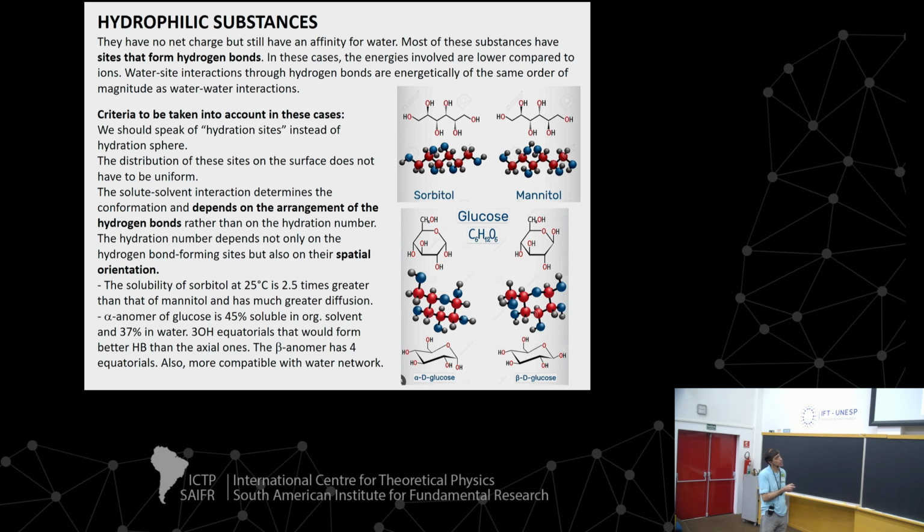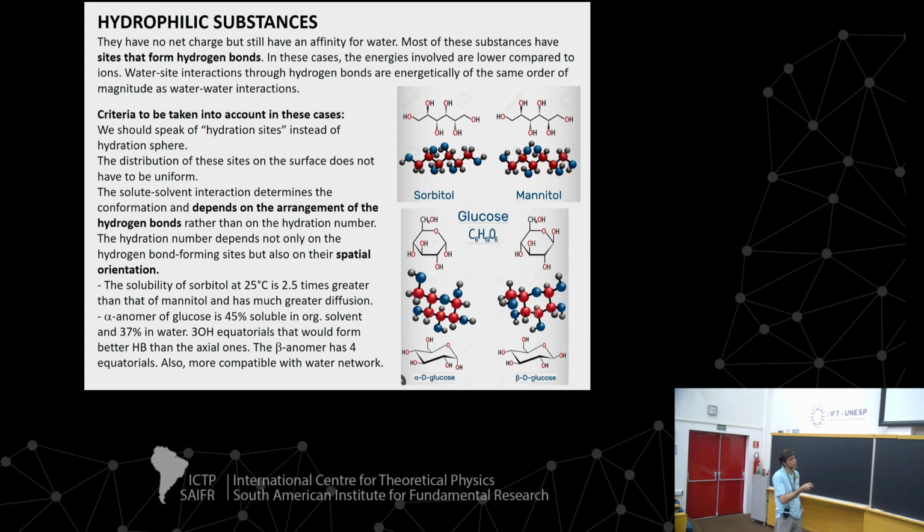You can explain this considering that the hydroxyls in sorbitol are more exposed to water, and so they are better at forming hydrogen bonds, while in mannitol these eclipsed positions are less able to interact with water. So sorbitol is going to establish better interactions with the solvent.